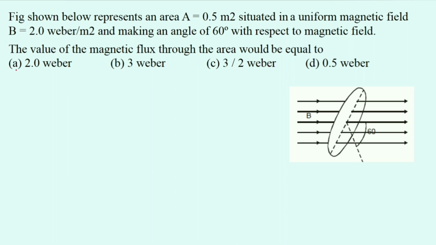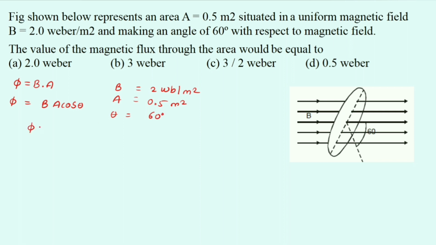See here, we have to calculate magnetic flux, that is given by the equation phi equal to B dot A, or we can write it as phi equal to BA cos theta. In this problem, the value of B, A and theta is given. So magnetic field is 2 Weber per meter square, area is 0.5 meter square and having angle 60 degree.